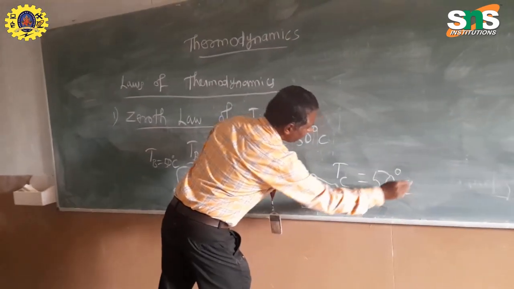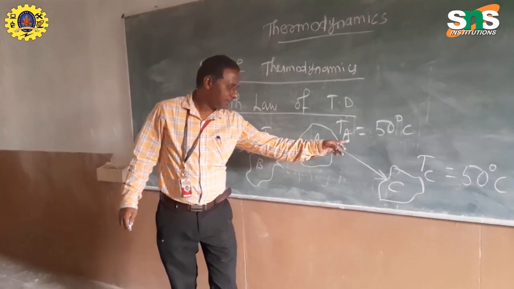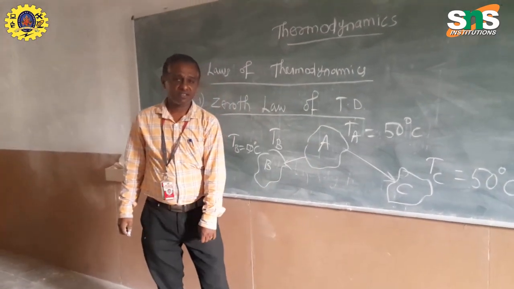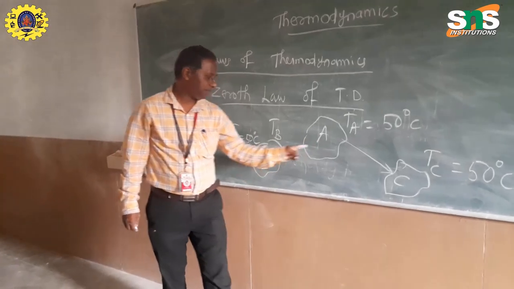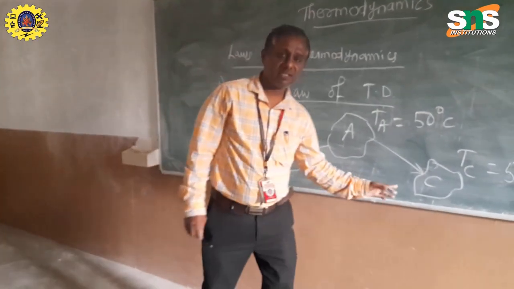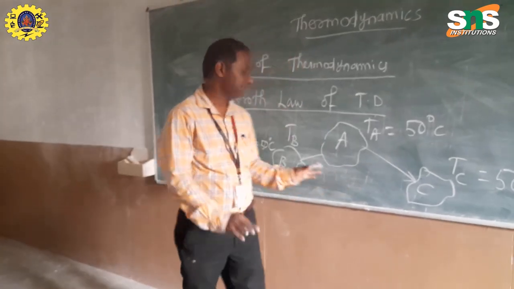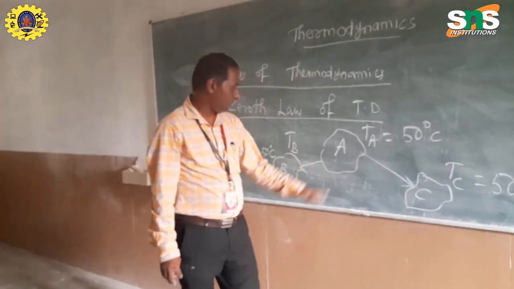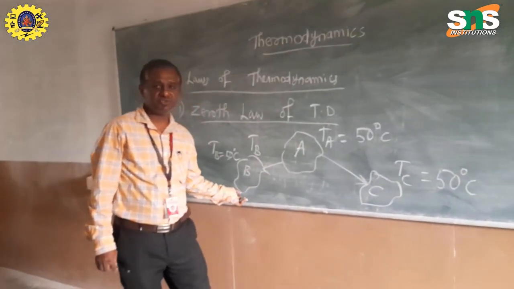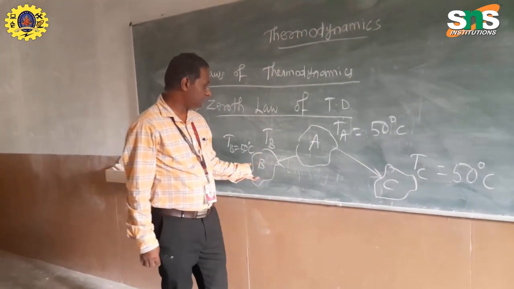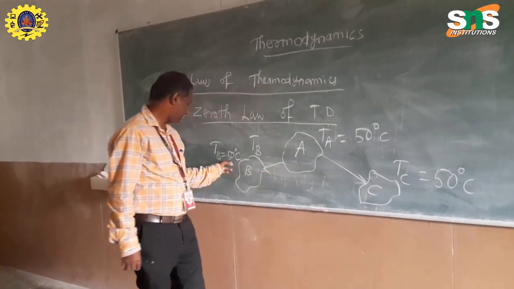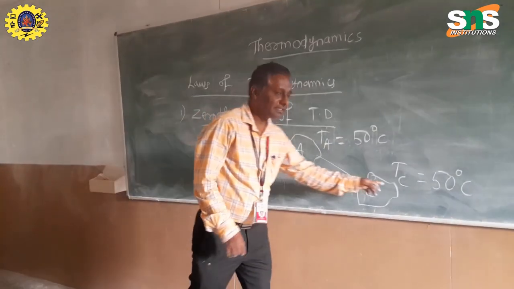So indirectly I told only A with B and A with C. I didn't say B and C are thermally equal, but just analyze this. A is thermally equal with the two systems individually, so the temperatures are equal to the temperature of system A. TB is 50 degrees Celsius, TC is 50 degrees Celsius.